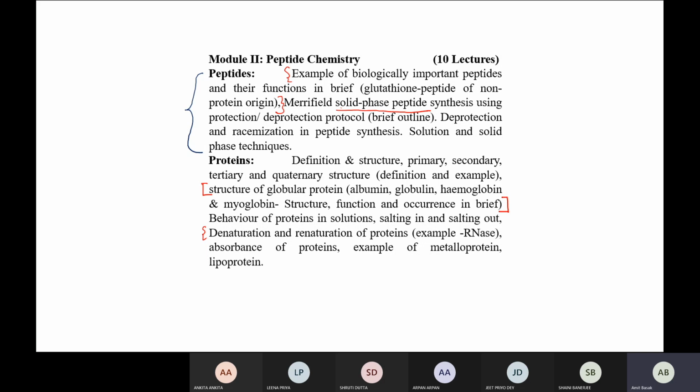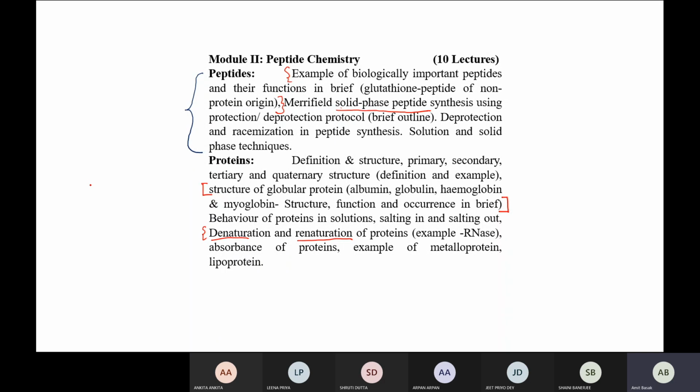There is another very classic way, which is to add urea. Urea also denatures the protein. And if you manage to remove the urea, then it can refold. That is what is called renaturation. Denaturation means unfolding, and renaturation means refolding.